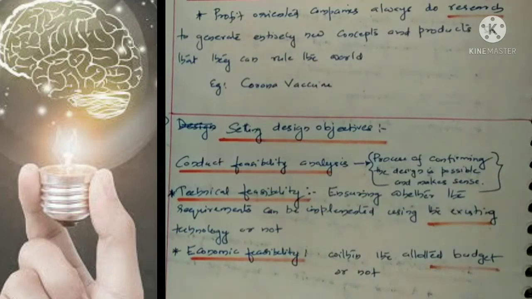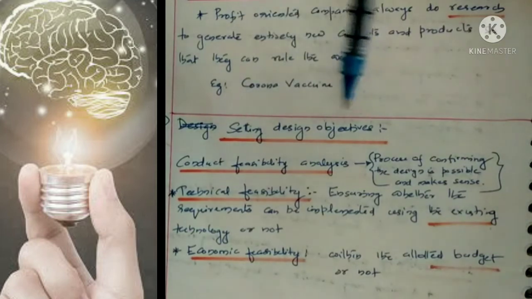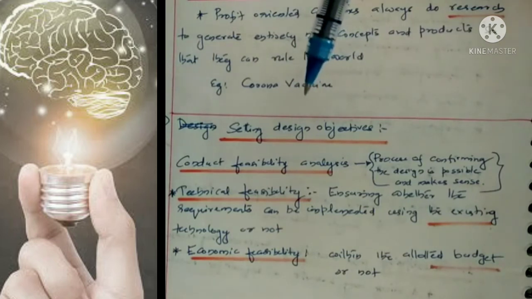Okay, so after doing all these studies, then only you can set a proper design objective. After all those studies, you can see that okay, this product can be designed within this much time frame with minimal cost. So after setting proper objective, you can provide an optimal design.